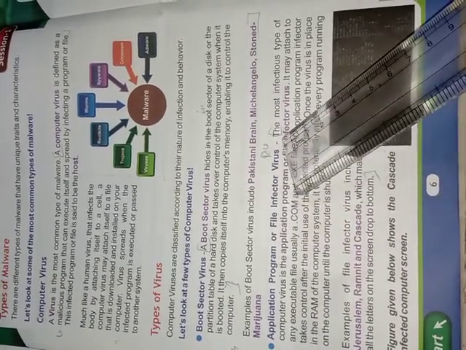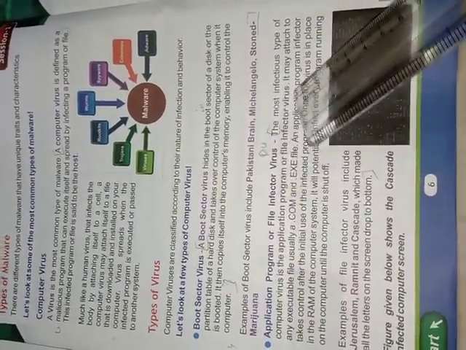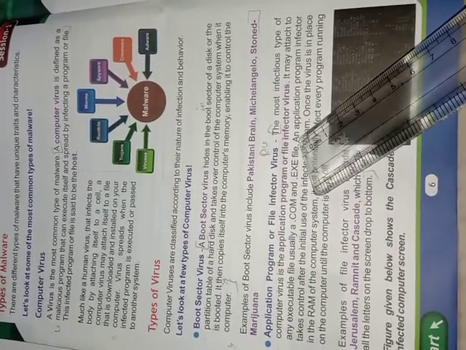Application program or file infector virus. The most infectious type of computer virus is the application program or file infector virus. It may attach to any executable file, usually a .com or .exe file.